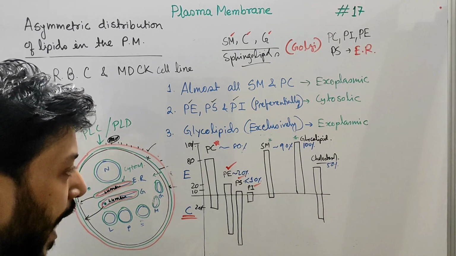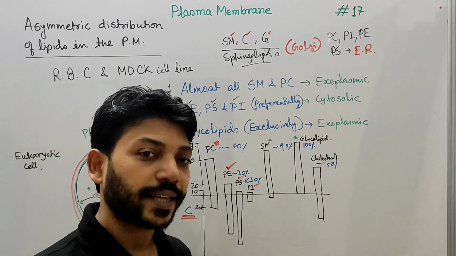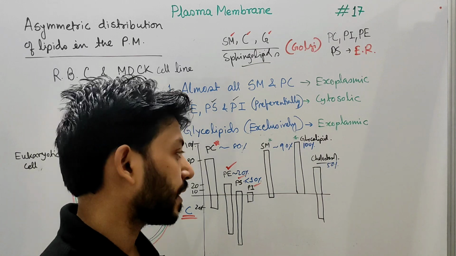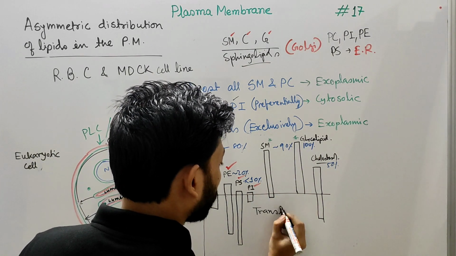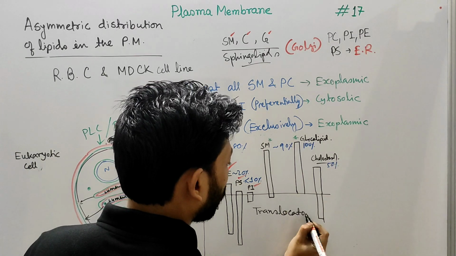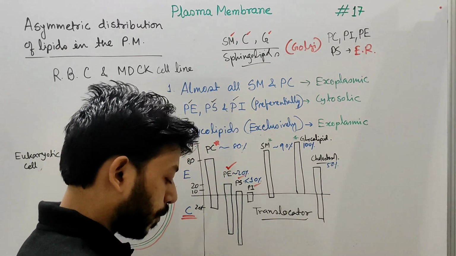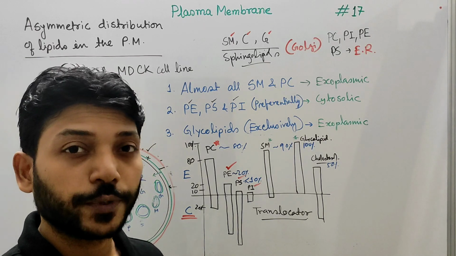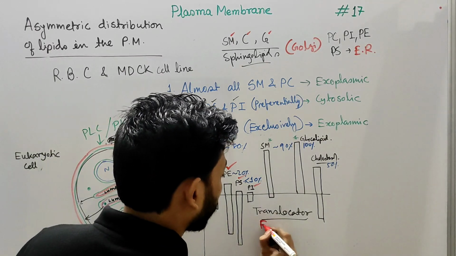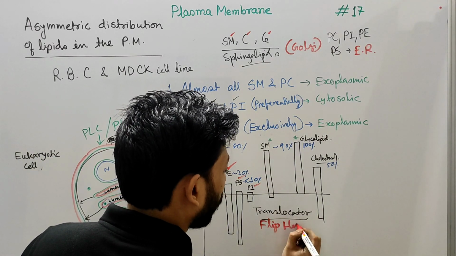Now here comes another question, and scientists discovered that there are some molecules or proteins present that are called translocators. These translocators can help in performing one movement of the lipid molecules, that is called flip-flop movement. Now what is flip-flop movement?